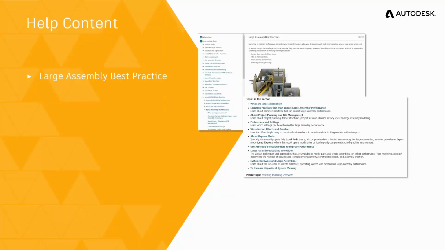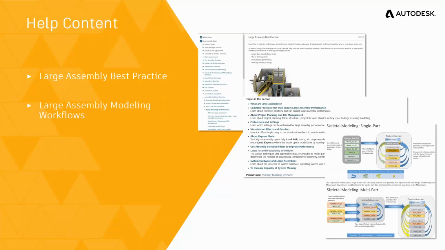Like I said, most of the information that I've put together or compiled for this webinar has actually been based off of, in many instances, copied and pasted into a presentation to capture what broadly the Inventor development team are recognizing as ways of improving the performance handling inside of Inventor, along with large assembly modeling workflows, some of which we've actually highlighted as part of this process as well.